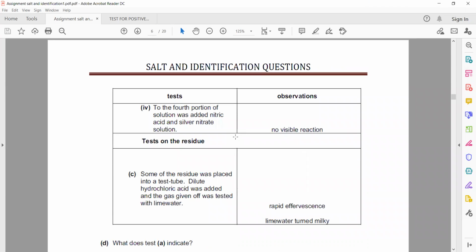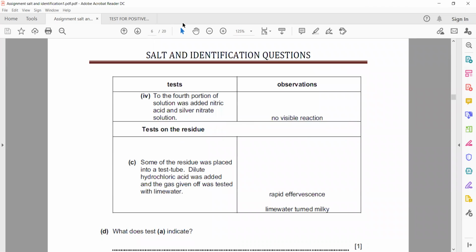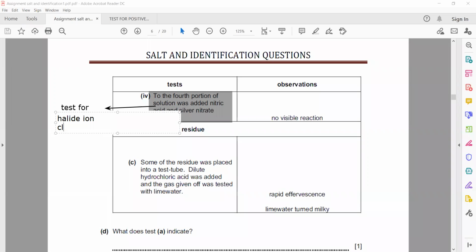To the fourth portion, we add nitric acid followed by silver nitrate. What is this test for? Nitric acid followed by silver nitrate is a test for halide ions, such as chloride, bromide, or iodide.